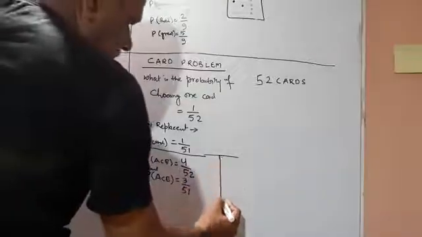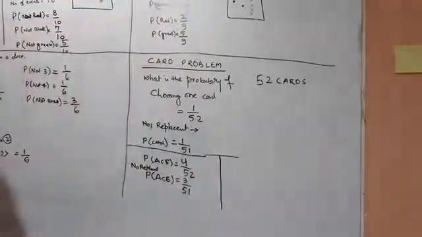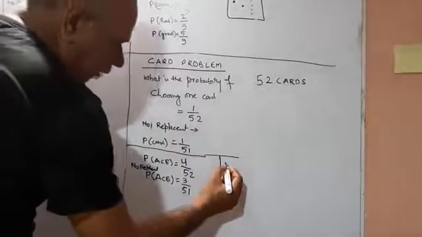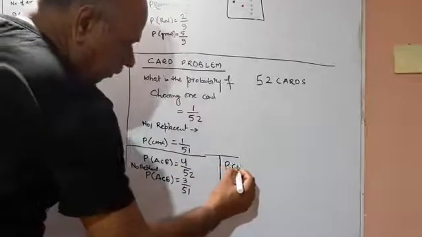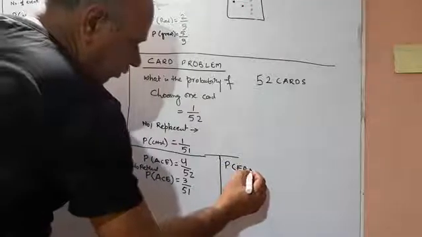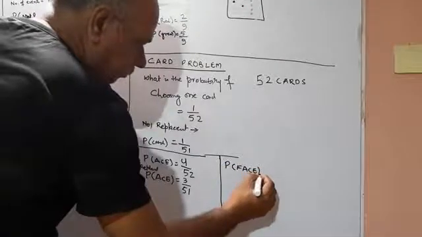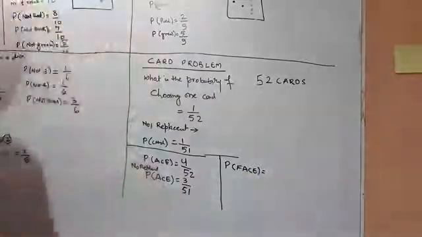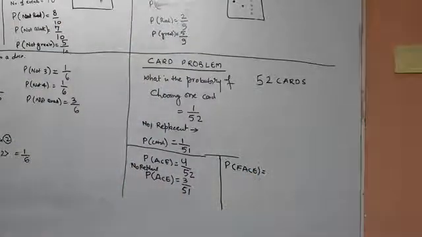Similarly, you have got a fresh bundle of cards, and now what will be the probability of choosing a face card? You know, there are 12 face cards in a deck.